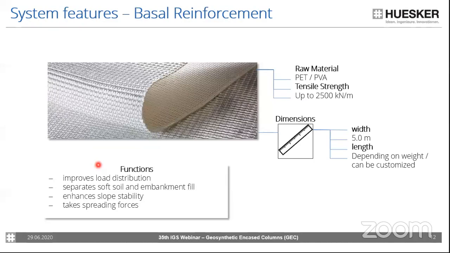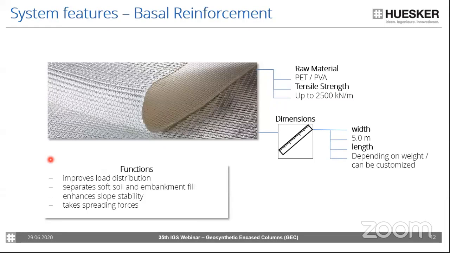But normally, the normal applications vary between 400 and let's say 2,000 kilonewtons per meter. And this is a big advantage when you have those high strength materials, that you have a single layer reinforcement system and therefore a good load distribution between two layers. And also in terms of workload, it's much easier and saves the construction team much time if you only have to place one geosynthetic layer instead of two.